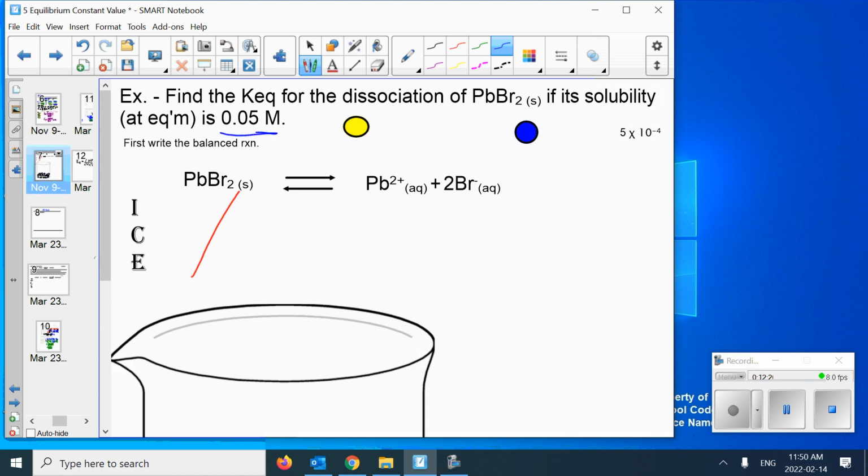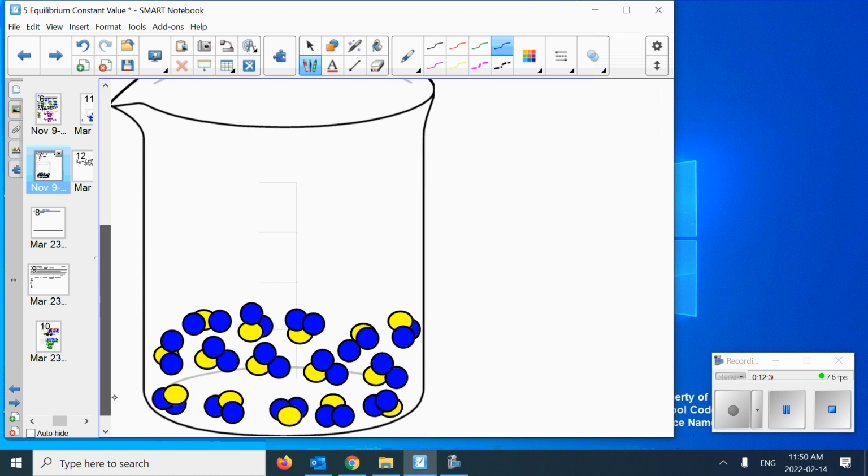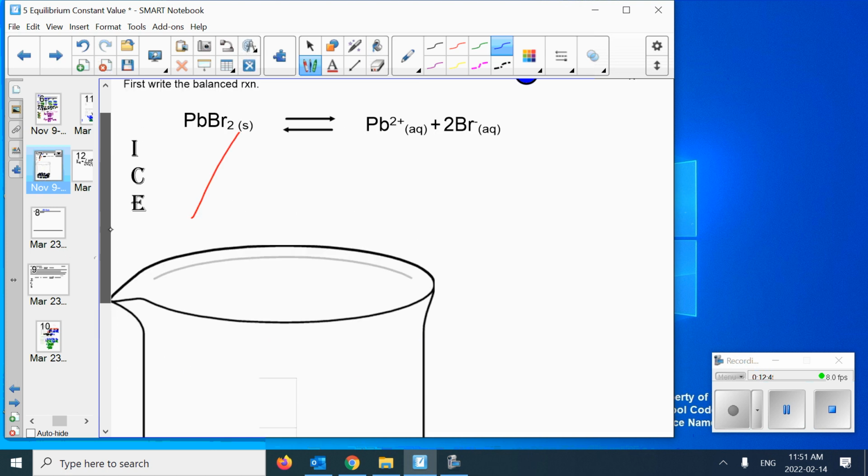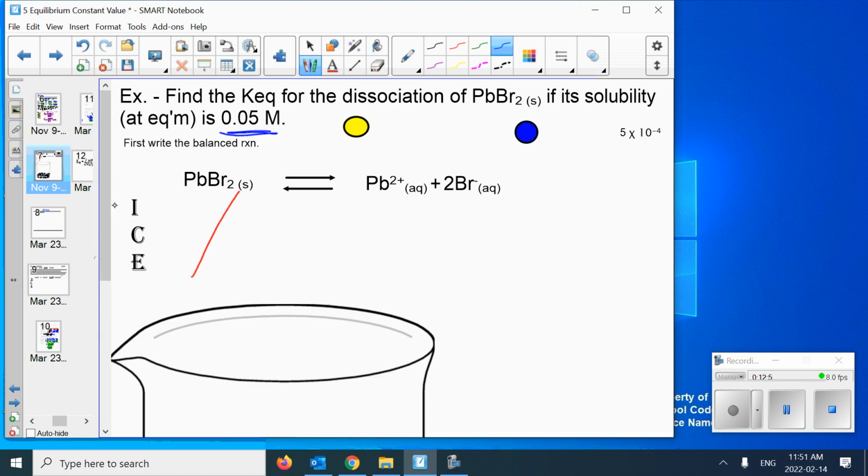Now, the solubility is 0.5. What that means is that I don't care how much PbBr2 you dump into this. All of this solid PbBr2, and that's what I'm representing with this diagram, starts out as a solid initially. So the initial amount, this is like making iced tea or something.